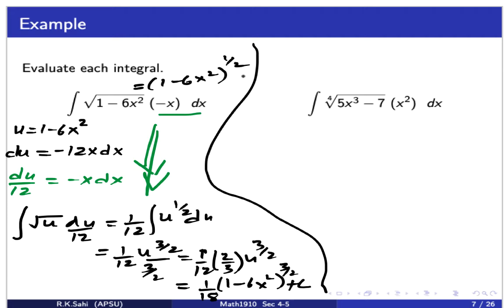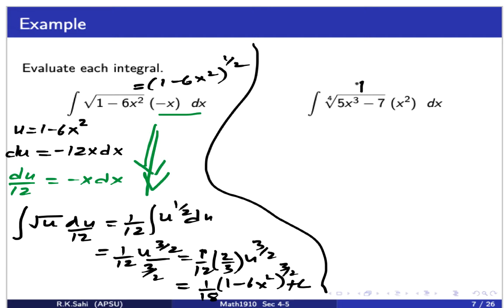We have done this one. In a similar fashion, we have another problem, but here instead of a square root, we have a fourth root of a cubic function: the fourth root of 5x cubed minus 7, times x squared. In this one, once again, the inside function is a cubic function raised to the power 1/4.